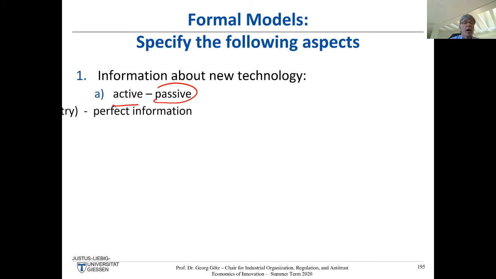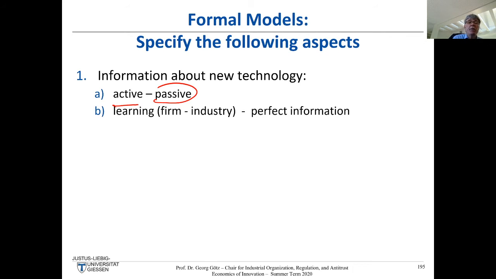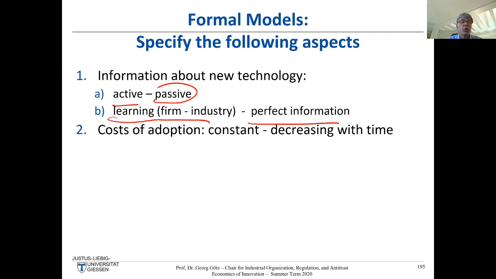And there might be perfect information about the new technology. So do you know perfectly whether Windows 10 works perfectly or whether Zoom is perfect? Or do you learn that only over time, because many people are using it and therefore you can draw some conclusions?